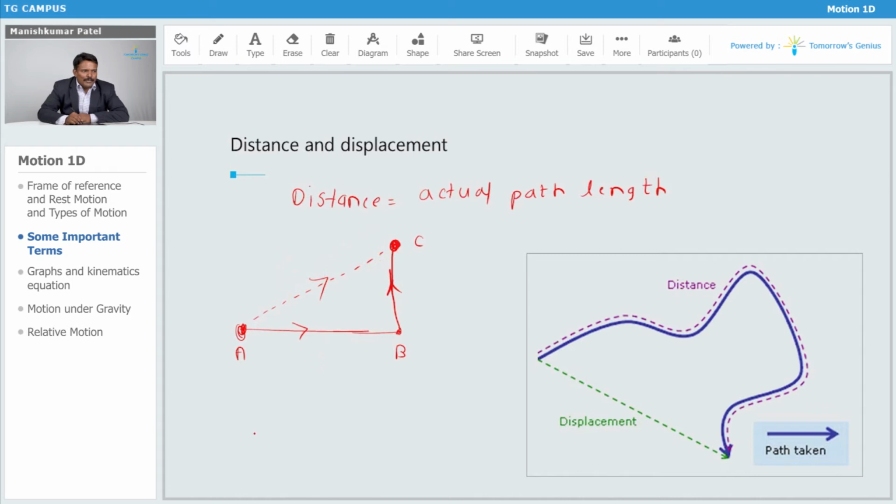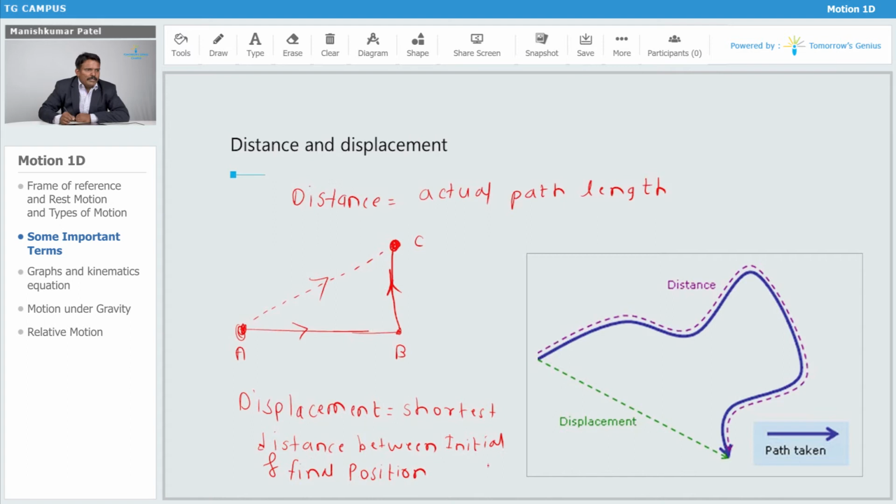That is what we can say about displacement.